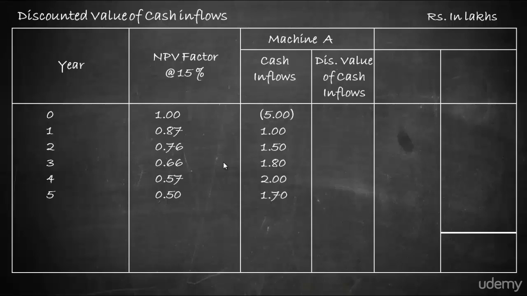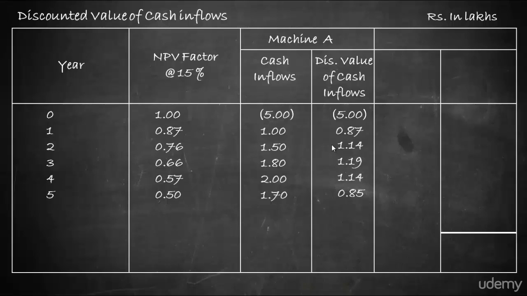So discounted value of cash inflows is equal to NPV factor multiplied by cash flows, and that's going to give values like this. That is, we have multiplied 1 with -5, so it's -5, 0.87 with 1, so it's 0.87, 0.76 with 1.5, so it's 1.14, and it goes on. So this is up to year 5.